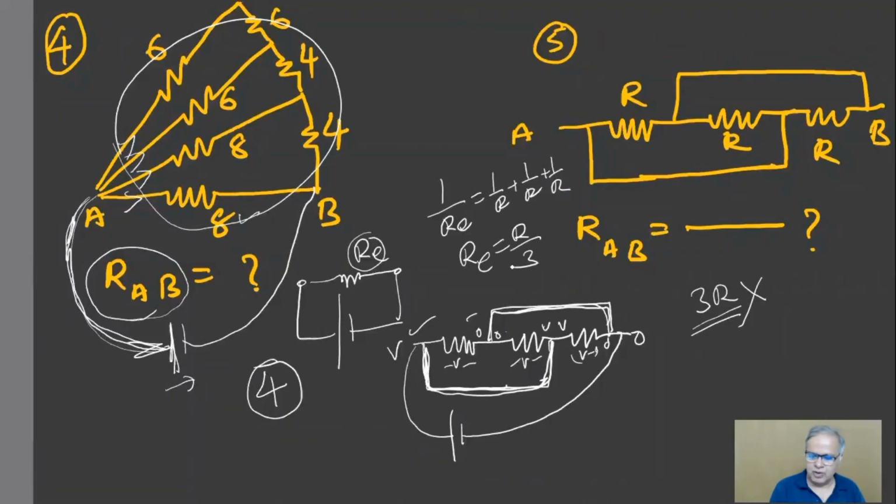So when I said 3R, why did you not object? Have I not told you already? Series and parallel has to be viewed in terms of the currents and potential differences. No other way. Okay?